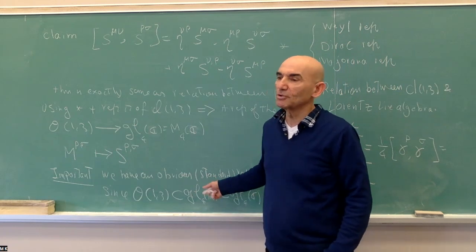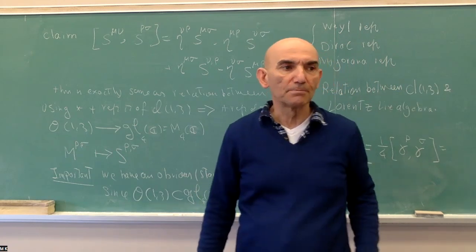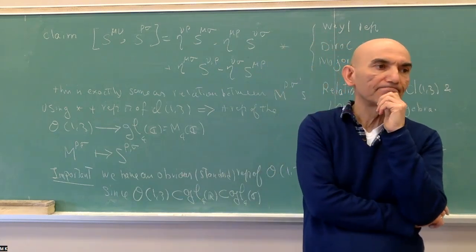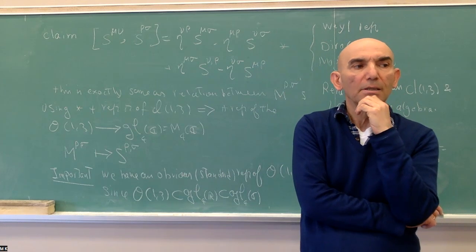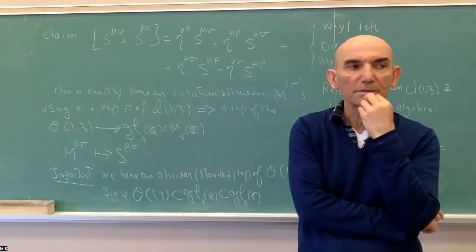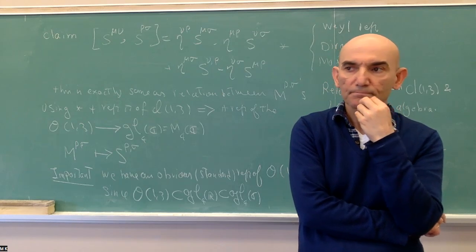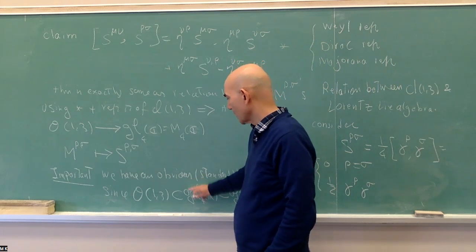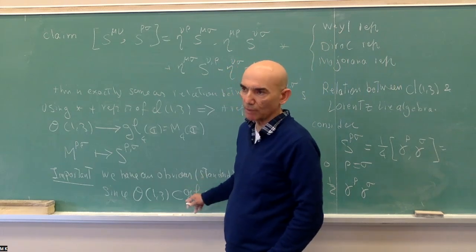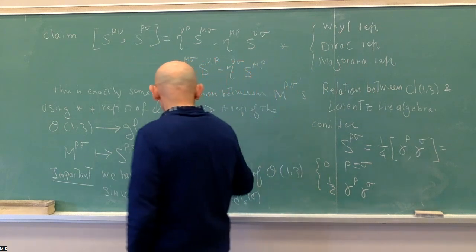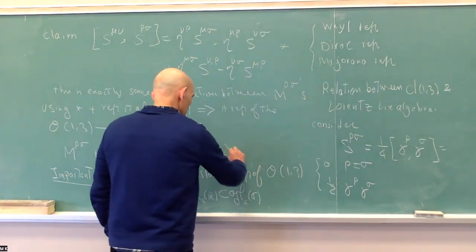And actually, it would be good to understand why they are not equivalent. Something happens, which is quite deep. By the way, this standard representation is also called the vector representation. This is a famous one, called the vector representation.